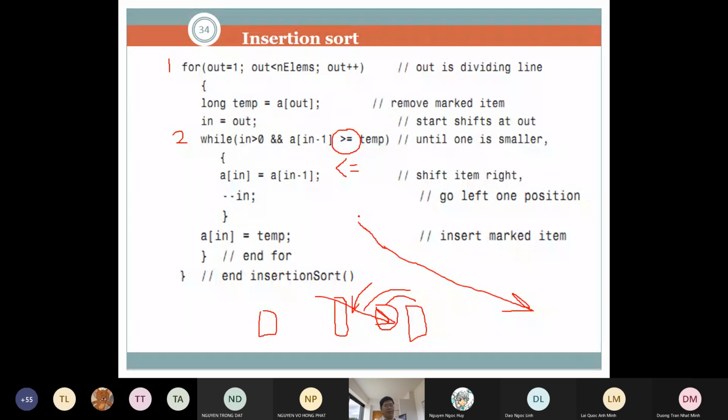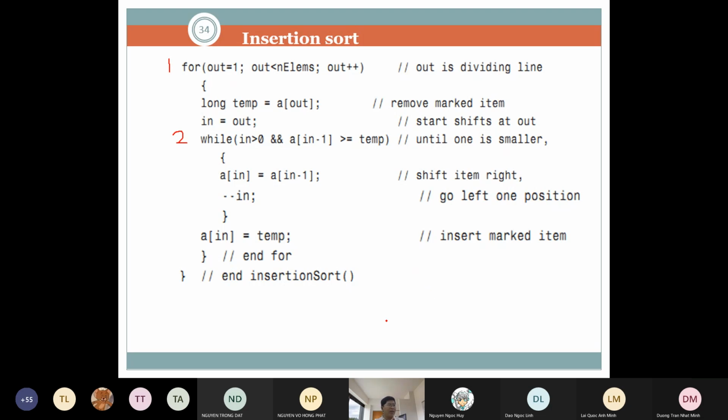Thank you. Great. Now, my second question. Assume that we keep the original setting: we want to sort the array in ascending order. Originally we sort from the left to the right, no?